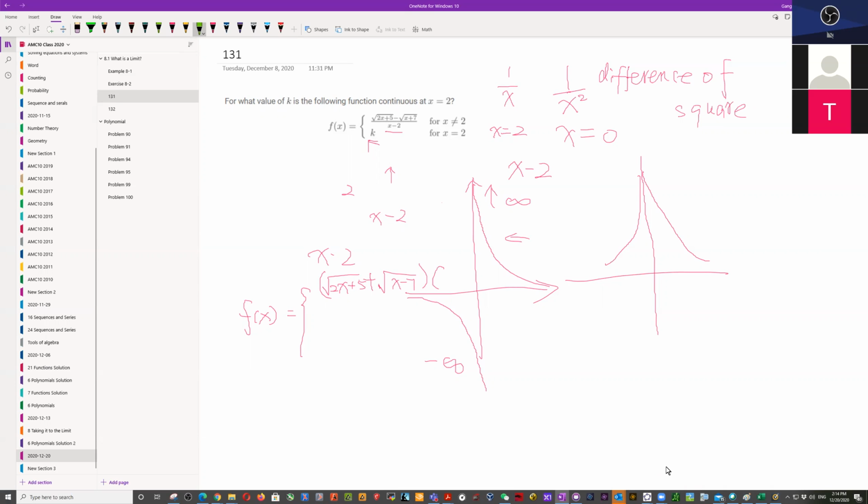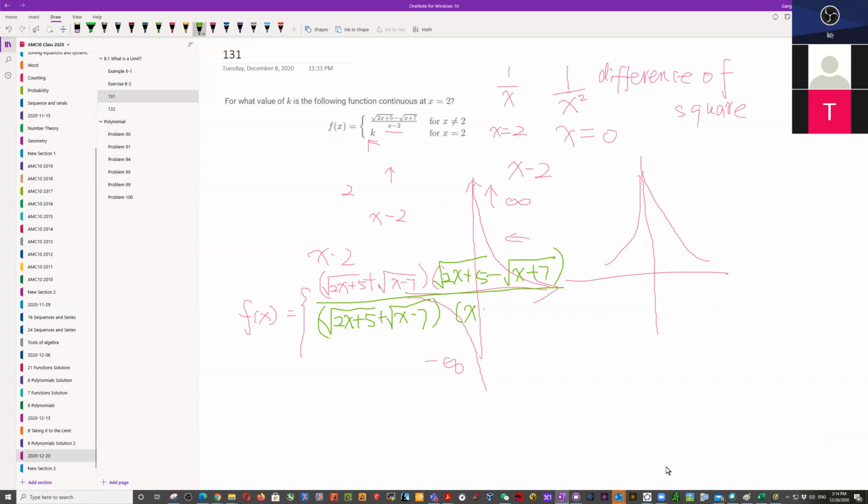I can write above this line: square root of 2x plus 5 minus, and I copy it down, square root of x plus 7, and all over. I have to multiply this conjugate on both numerator and denominator. This is how I will do it.